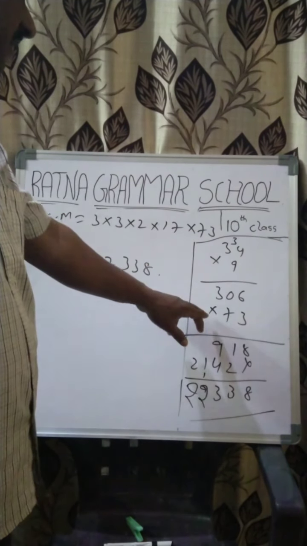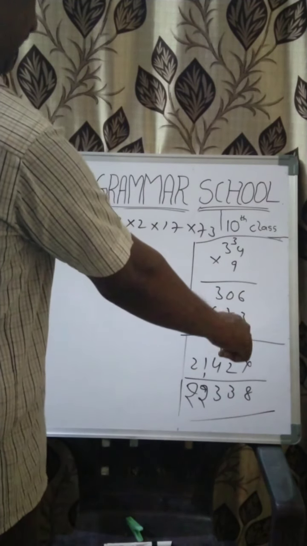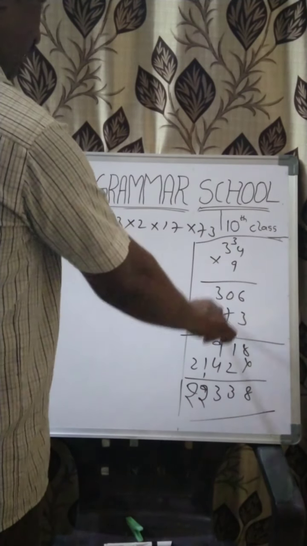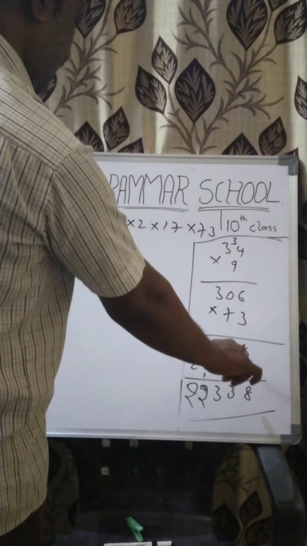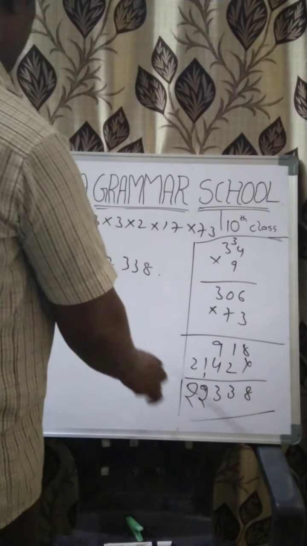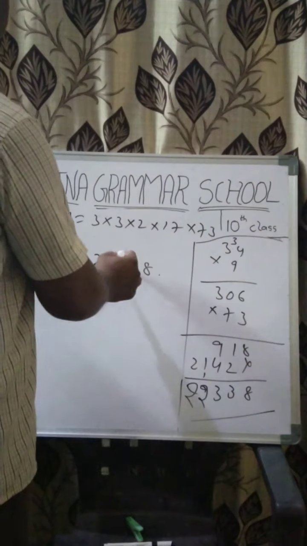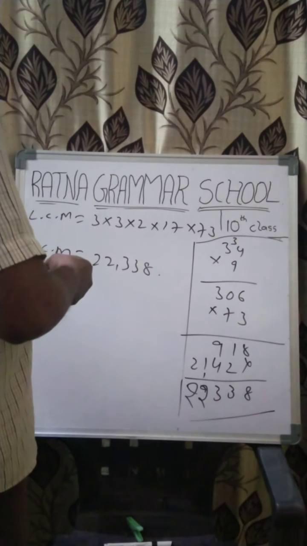Again into 73, so LCM is equal to 22,338. This is the LCM of the two numbers.